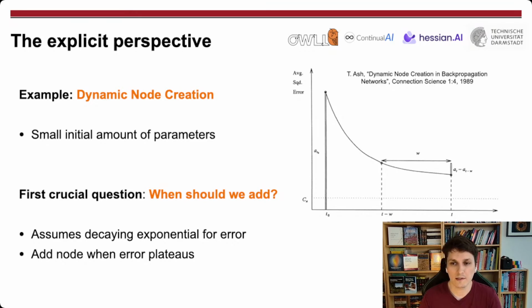Now, the assumption is that this error during training is going to decay somewhat exponentially, as shown on the illustration in this graph on the top right here on this slide.